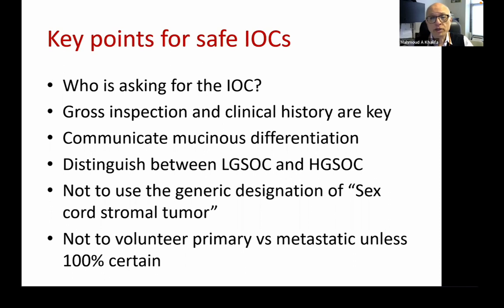Gastric cancer? Oh, you better look for those signet ring cells. We got high power, of course, signet ring cells were there, and that was a Krukenberg tumor. So knowing clinical history and looking at the gross is very, very important. If you see any mucinous differentiation, it's important to communicate mucinous differentiation.